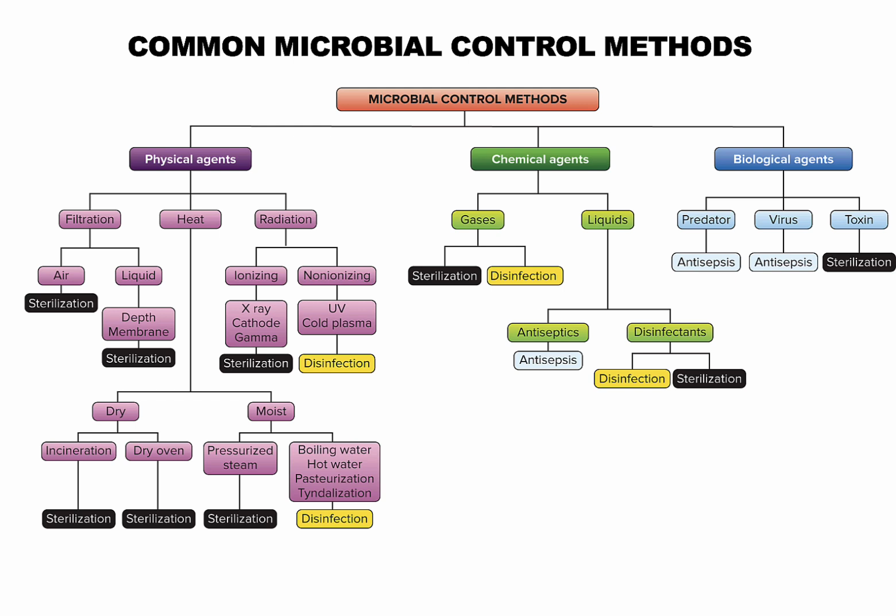This slide shows a comprehensive overview of microbial control methods. Below are the definitions of some of the frequently used terms, which we will discuss in detail with examples in the next slide. Sterilization is the process by which all living cells, spores, and acellular entities are destroyed or removed from an object.